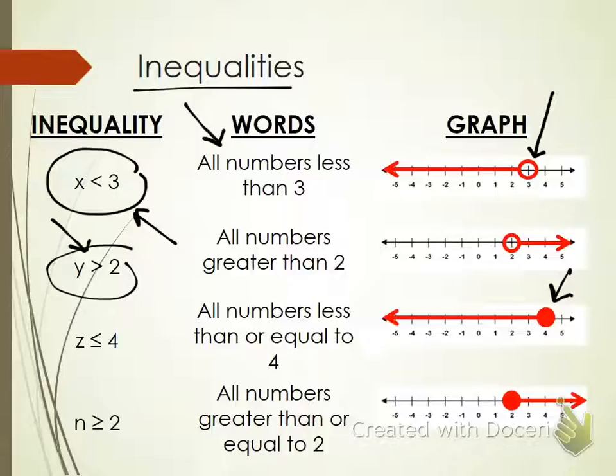The solution could be that number. All numbers less than or equal to negative 4. Same thing goes with the last one. All numbers greater than or equal to 2, so it's a closed dot on the 2. So that's basically how they look from the inequality solution to actually graphing it.